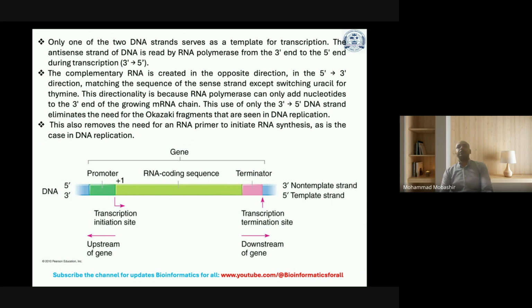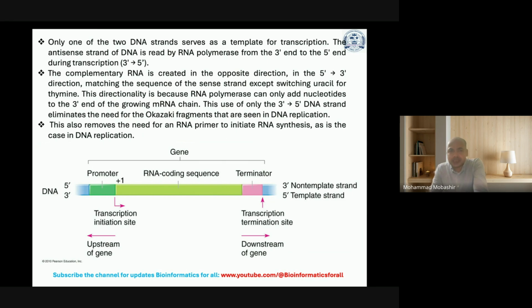This directionality is because RNA polymerase can only add nucleotides to the 3 prime end of the growing mRNA chain. This use of the 3 prime to 5 prime DNA strand eliminates the need for the Okazaki fragments that are seen in the DNA replication. This also removes the need for an RNA primer to initiate RNA synthesis, as is the case in DNA replication.